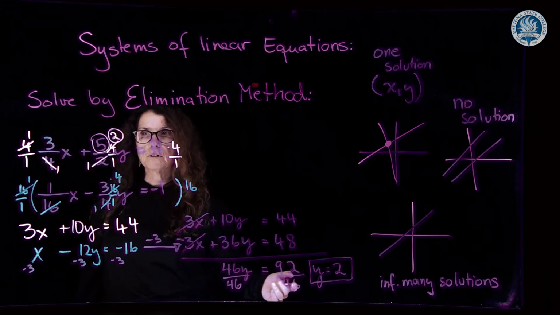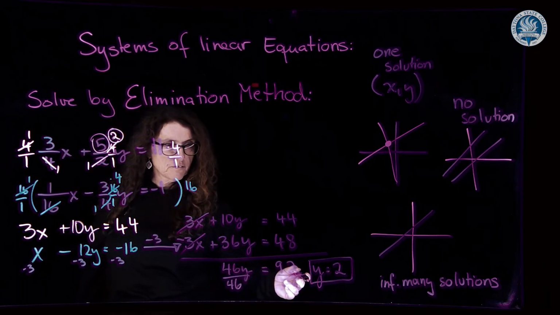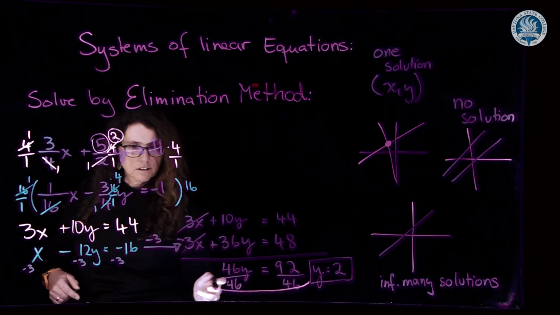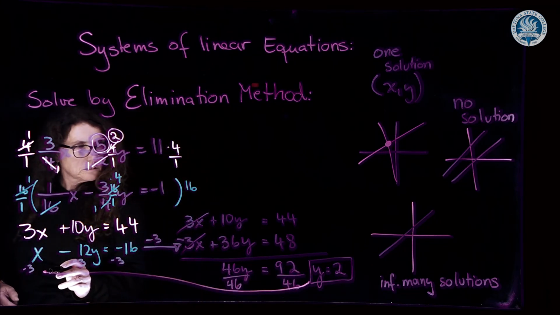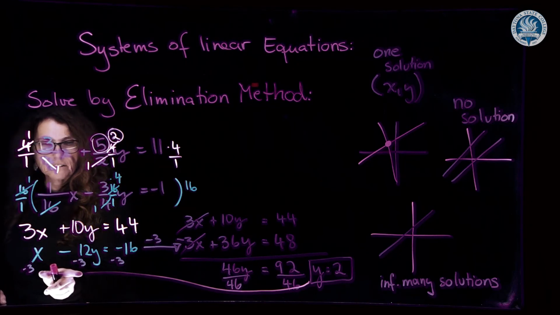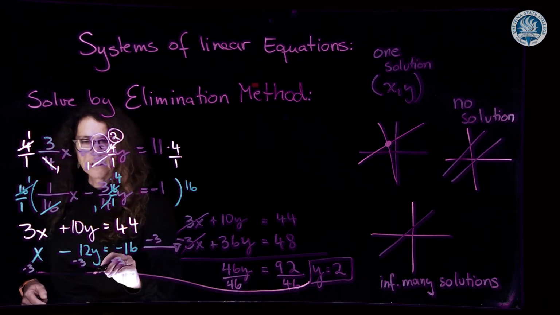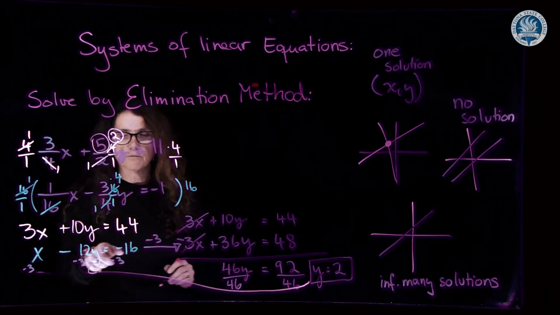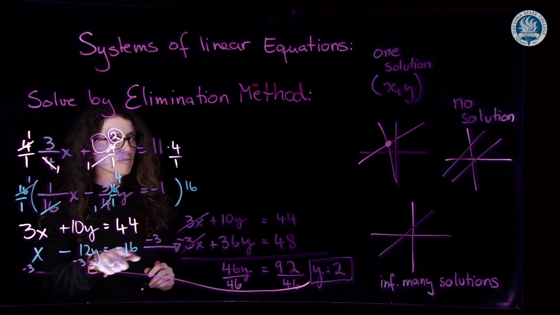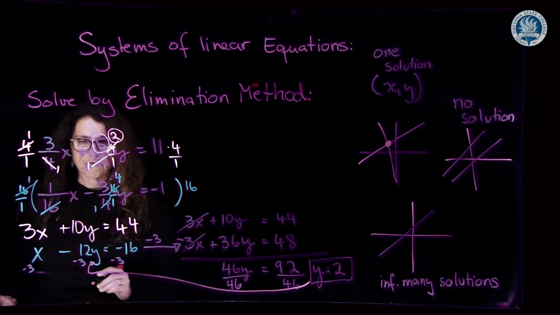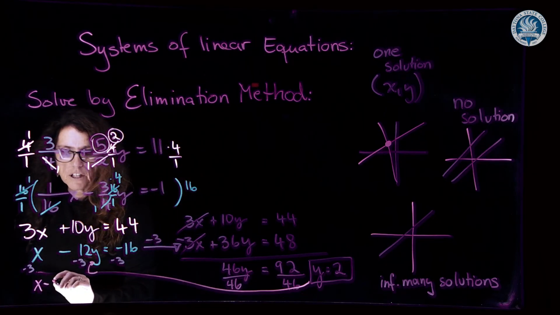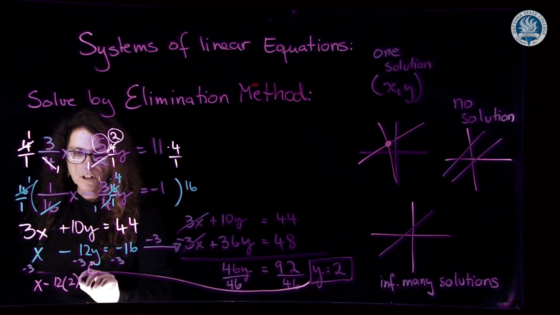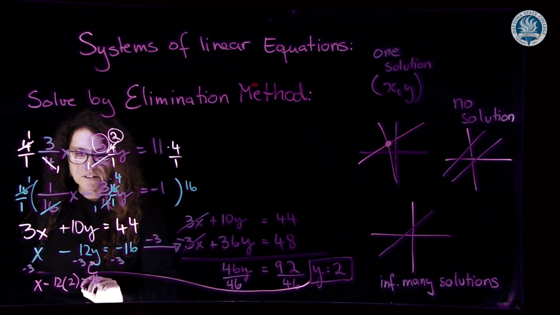I'm going to plug in the y value into my green equation. I need to find x, not y. I'm plugging in the y value into the green equation, replace y with 2, and that way I can find x. x minus 12 times 2 equals negative 16.